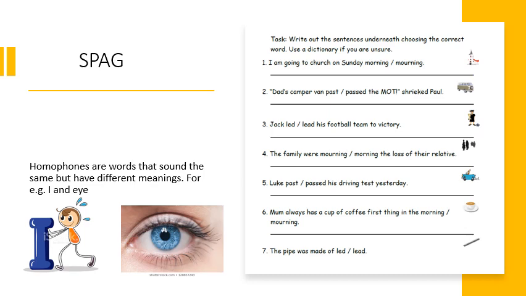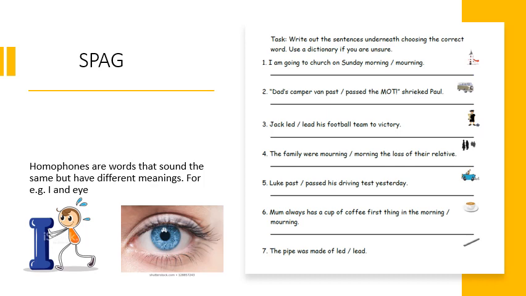Okay, now the first answer is morning, M-O-R-N-I-N-G, Sunday morning. Question number 2, past, P-A-S-S-E-D. Dad's camper passed the MOT, P-A-S-S-E-D. Jack led, L-E-D, led his football team to victory.